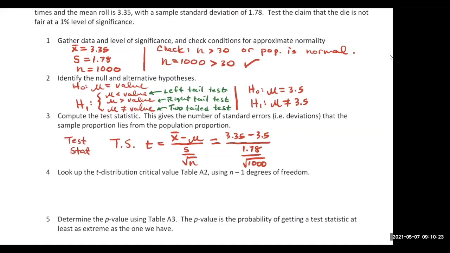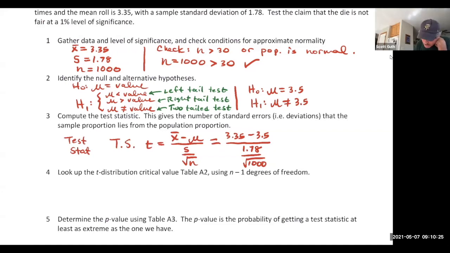Negative 2.66. Yeah, that's good. Two places after the decimal will be fine. Negative 2.66 is great.